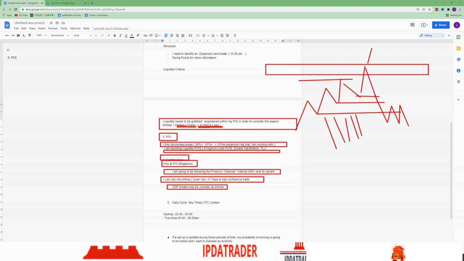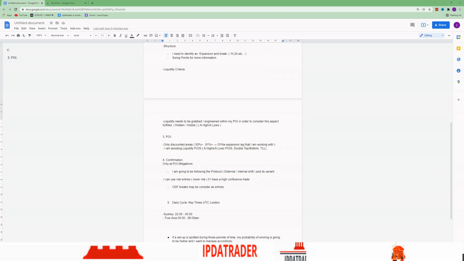I'm not necessarily going to be waiting for the protocol in this case, right? Because I believe that as we come back here, we're likely to reject once again and continue lower for whatever reason it may be. And that way, you can always execute on those ideas as well, okay? So you may want to have different ideas in terms of that, but that's for me what makes sense.